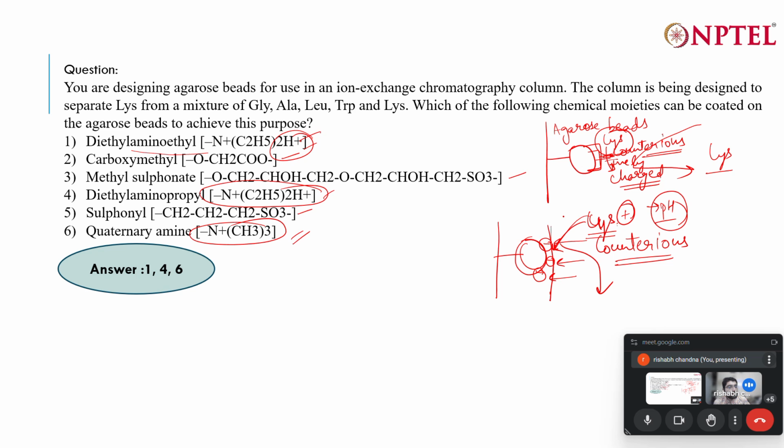So here we are talking about the counter ions attached to these negatively charged molecules, so that lysine or any other positively charged moiety can replace those counter ions and attach to the agarose beads. So now it's fine.